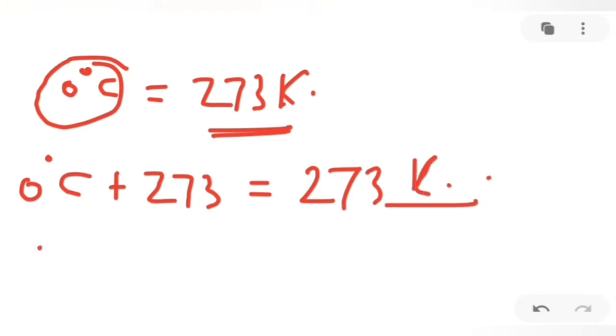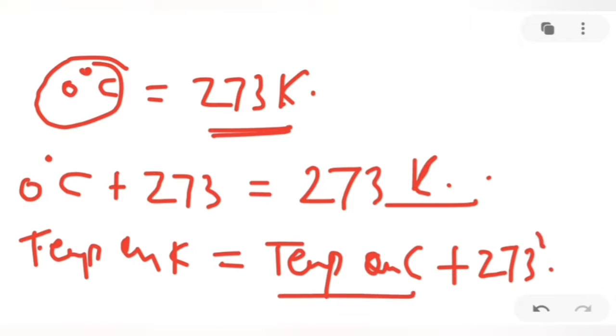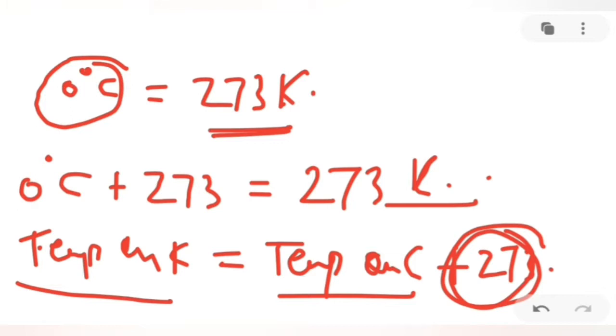So whatever the temperature on the Celsius scale, you need to add 273, just simply add it, and then you will get the temperature on the Kelvin scale.